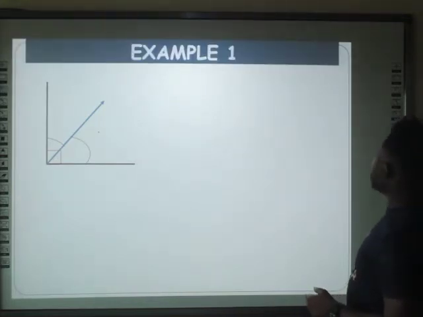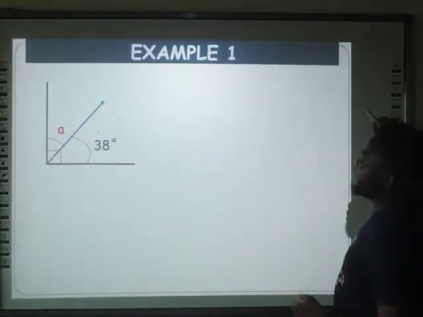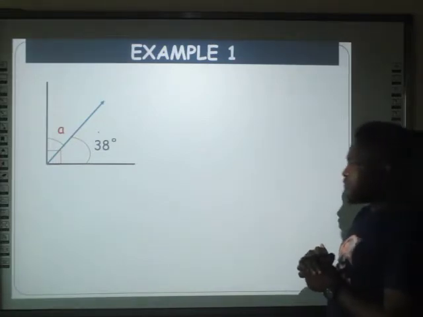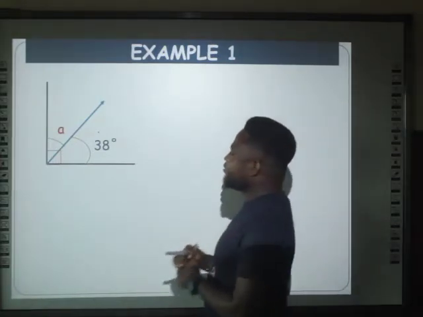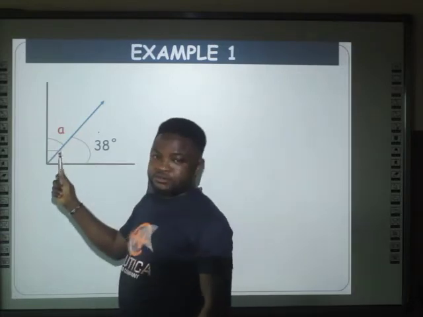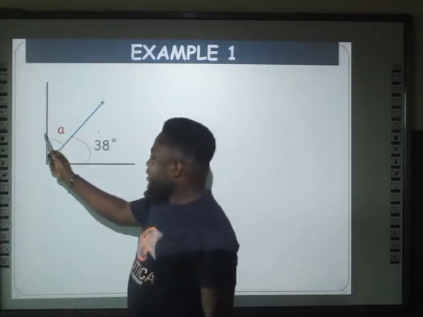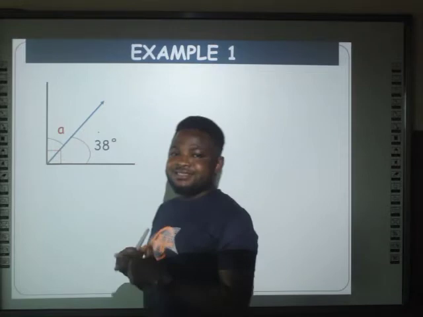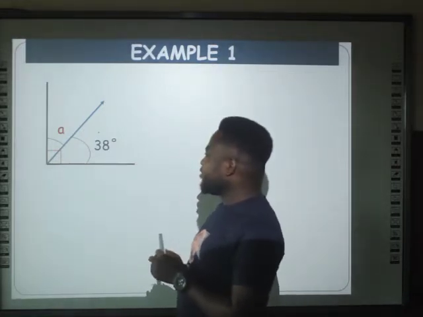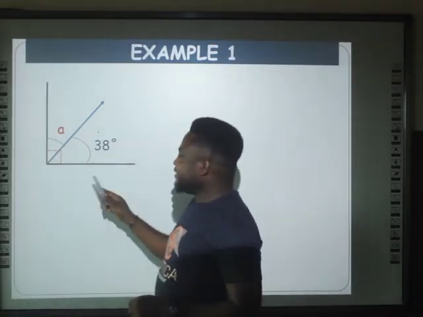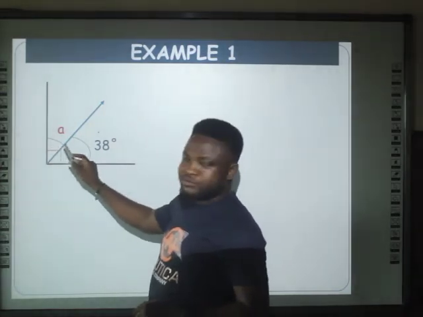Now, let's look at this example. Here you have two angles, angle A and 38 degrees. Of course, you should observe that this is a right angle.